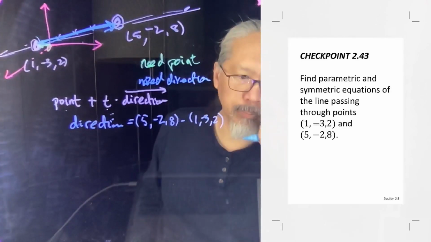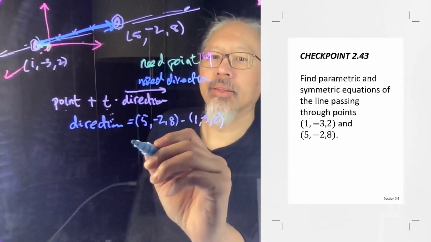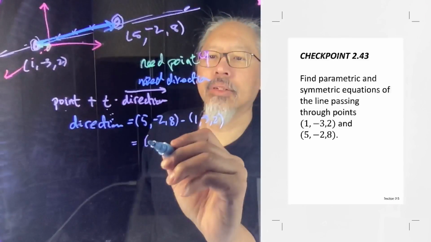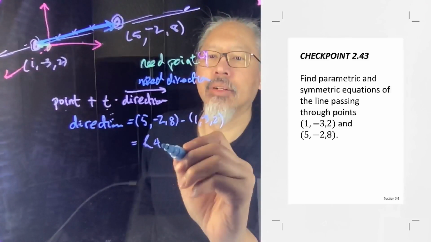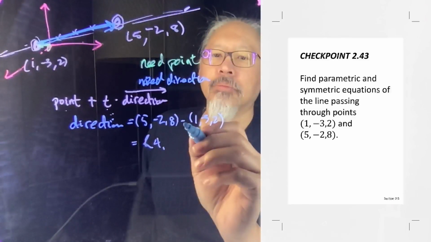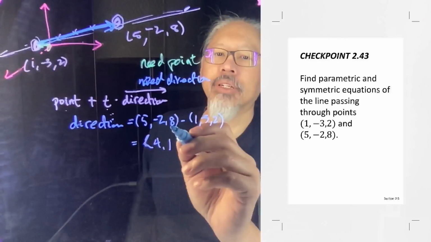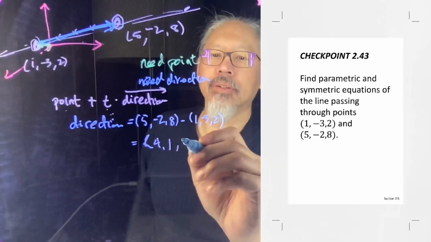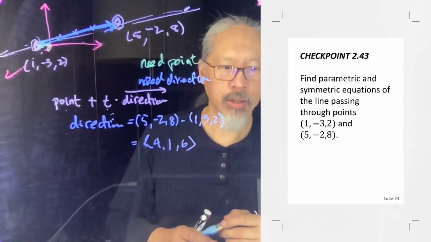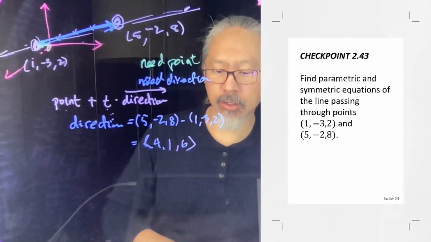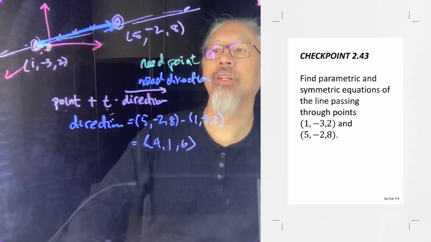Let's make it into a vector. This is going to give us 5 minus 1, -2 minus -3, so that's going to be -2 plus 3, and then 8 minus 2 is 6.